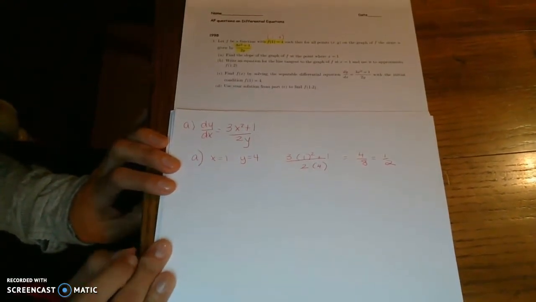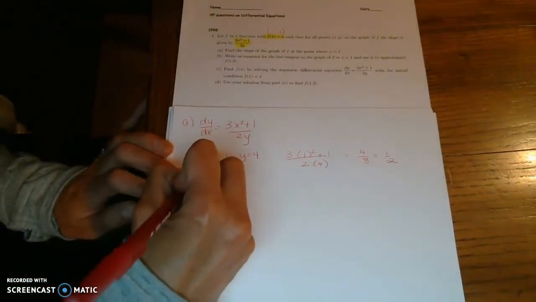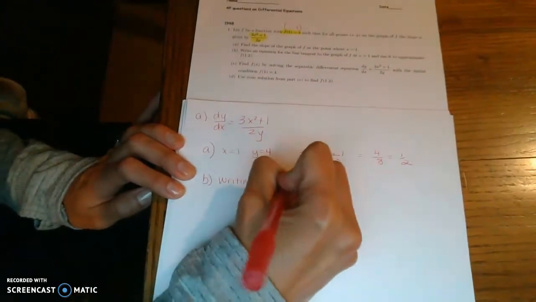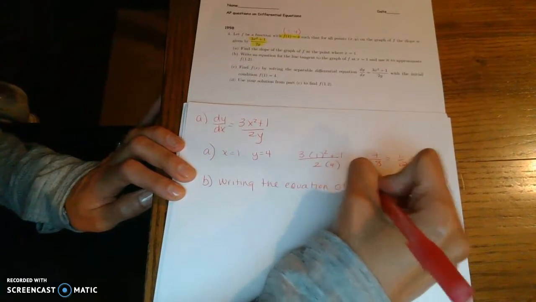B says, write the equation of a line tangent to the graph. I stop right there. I go, oh, okay, I'm writing the equation of a tangent line.